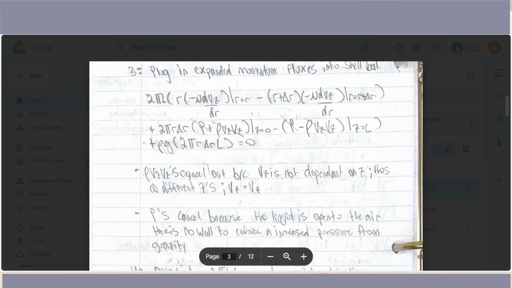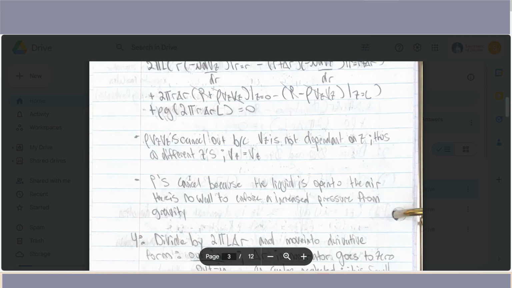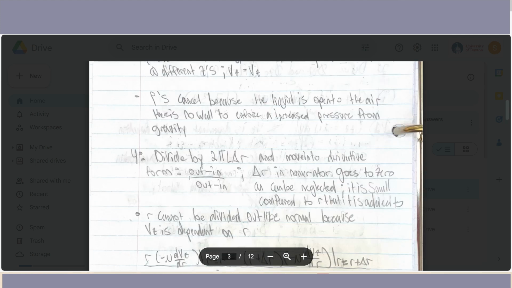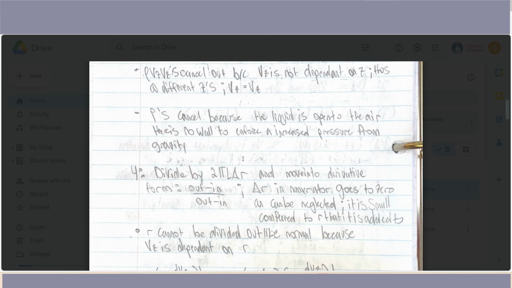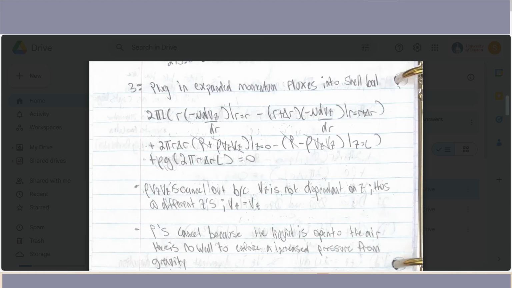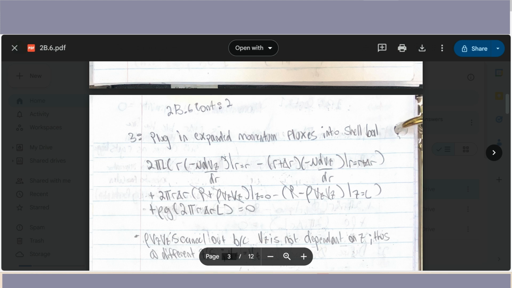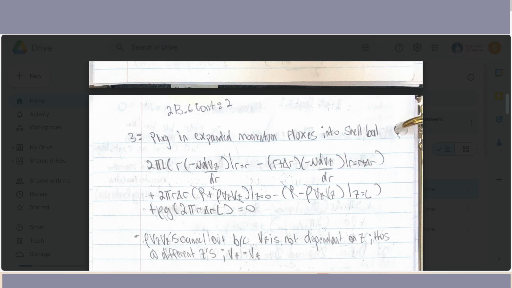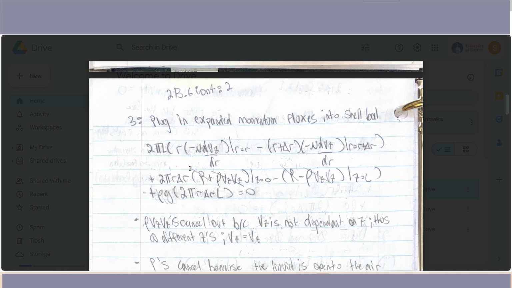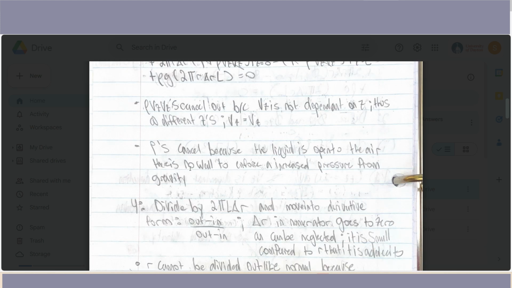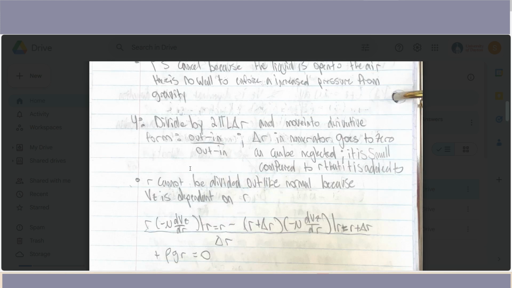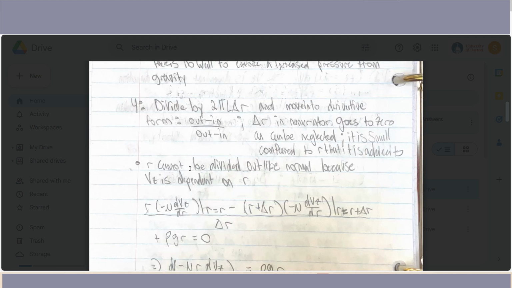And now we are going to divide by 2 pi L delta R, so this is just the volume without the R, and that's because this momentum flux depends on R, so we can't just divide it out. We're just dividing as much of the volume out as we can, and we can't divide out R, so we're leaving that in.